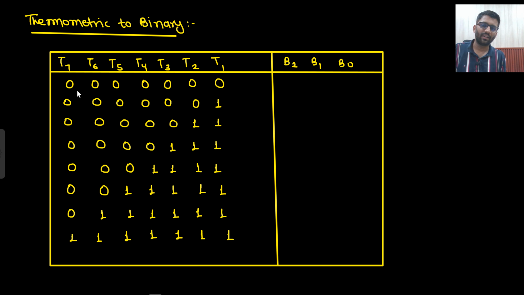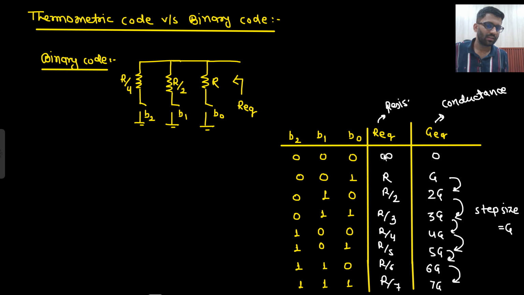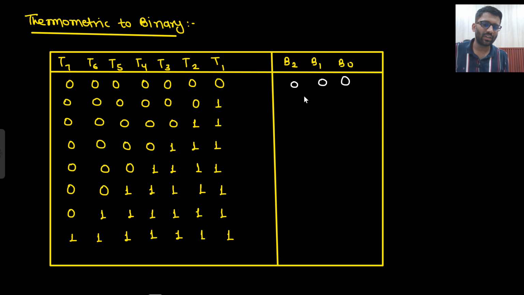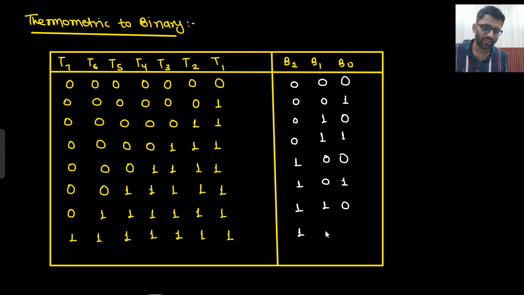This is how I am going to relate. So 000 was equivalent to 000 only, because you are getting both the same. G equivalent was 0 only, and 0001 is equivalent to 001. This was equivalent to 010. This was equivalent to 011. This was equivalent to 100. This was equivalent to 101. This was equivalent to 110. This was equivalent to 111.